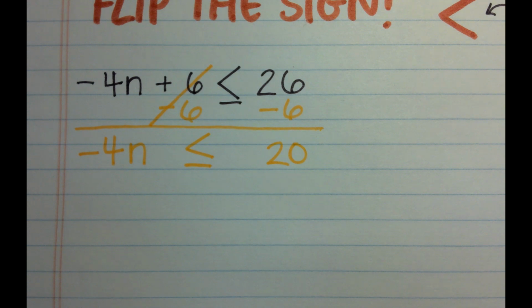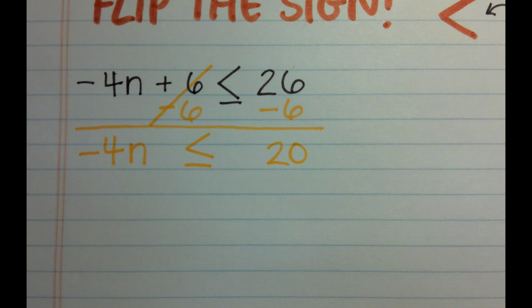So when you get to solving your second step, you have to keep the sign the same. You don't flip the sign until you actually divide by a negative number or multiply by a negative number. Okay, so now I have negative 4 times n is less than or equal to positive 20.